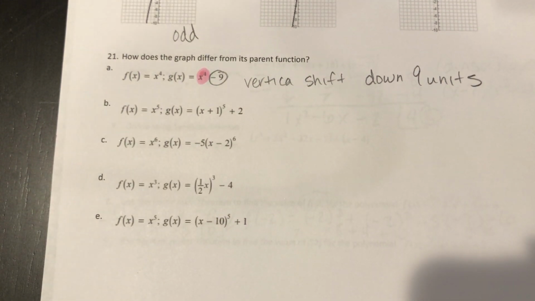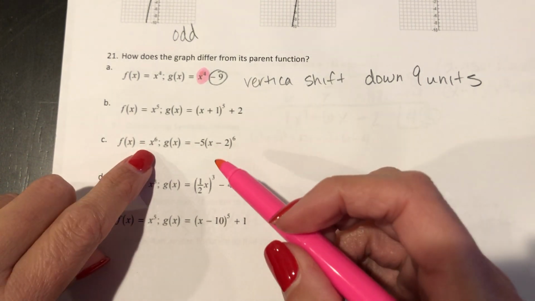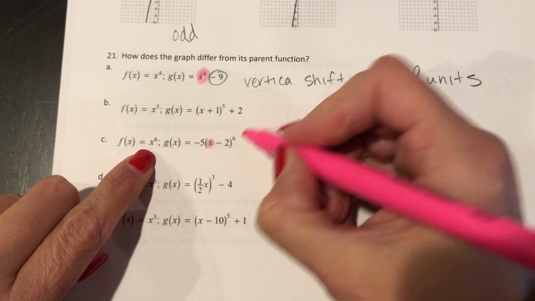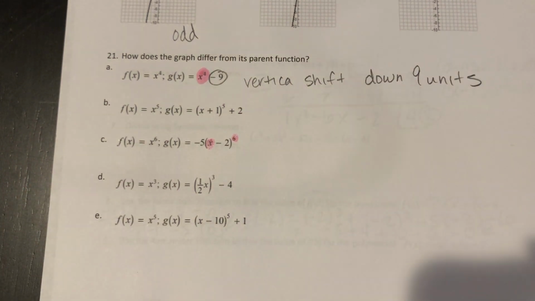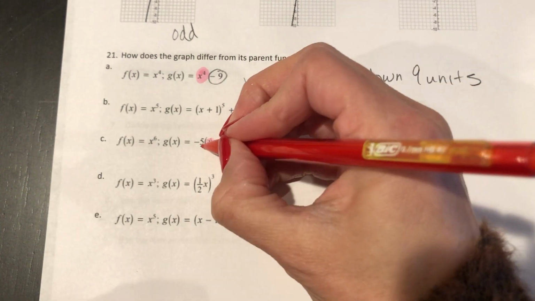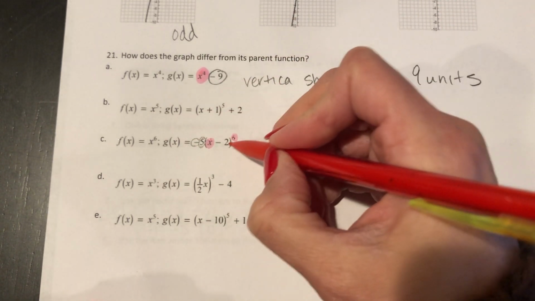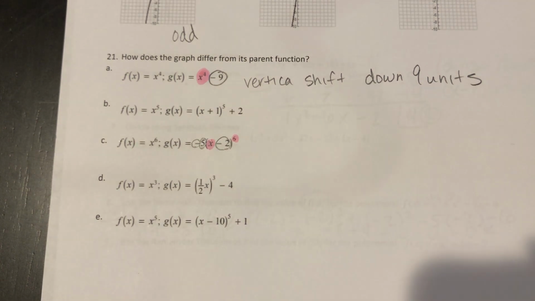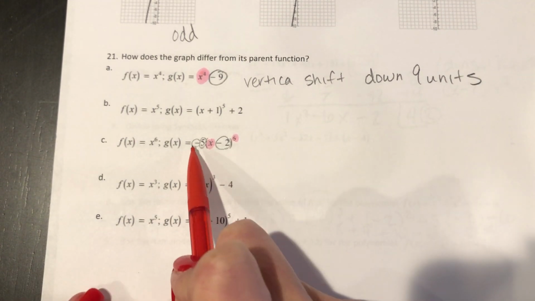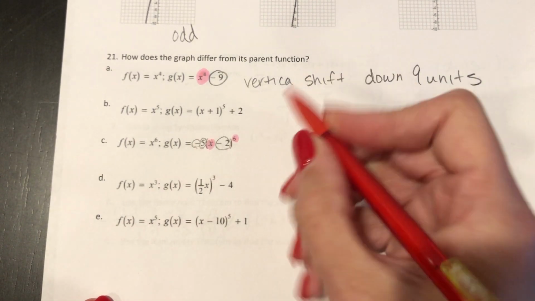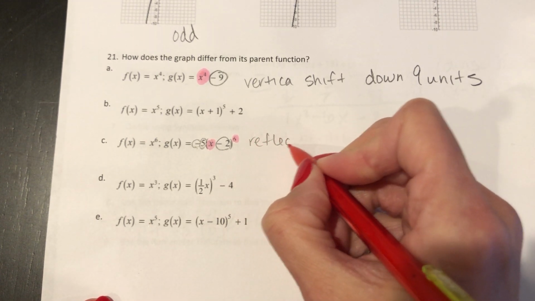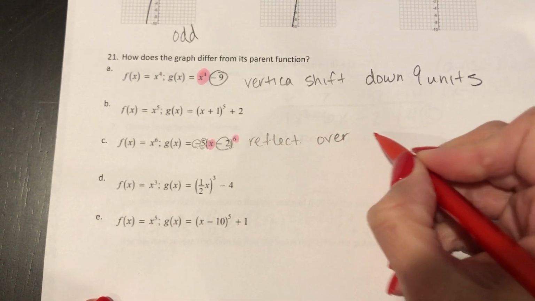Let's do one more together. Let's look at C. So you can do B on your own. My parent function is this x to the 6. So I want to determine what this 5 is doing, what this negative is doing, and what this -2 is doing to my graph. Well, the negative out in front makes it a reflection over the x-axis.